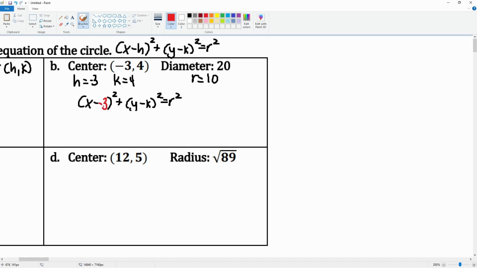That is -3 for the h. We substitute the 4 in for the k, and we substitute in the 10 here for the r. All right, simplify. x minus -3 is just x + 3. Square that, plus (y - 4)^2, and 10 squared is just 100.